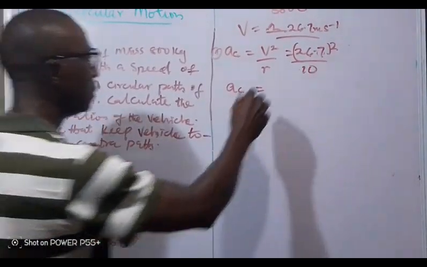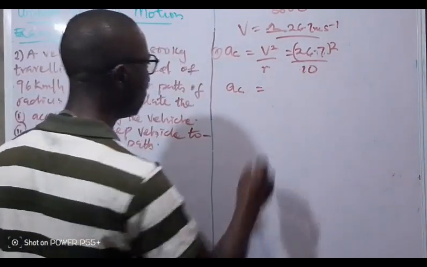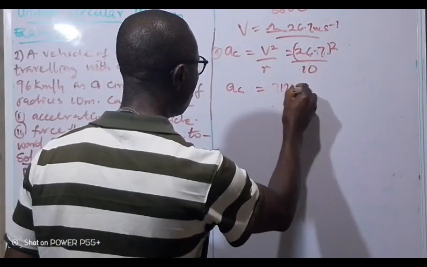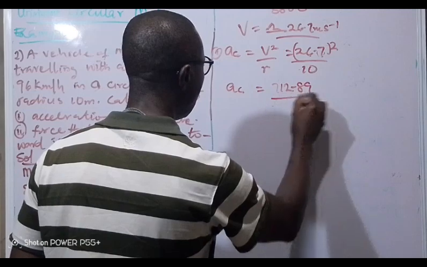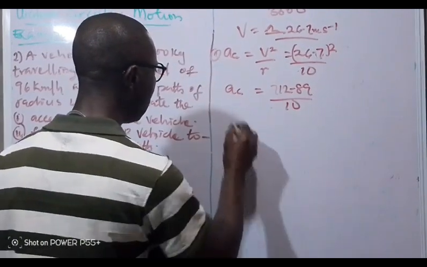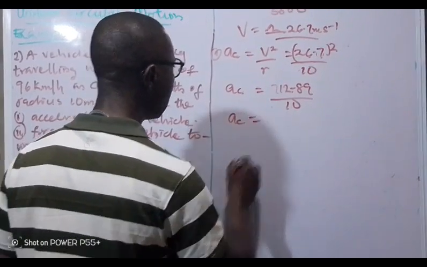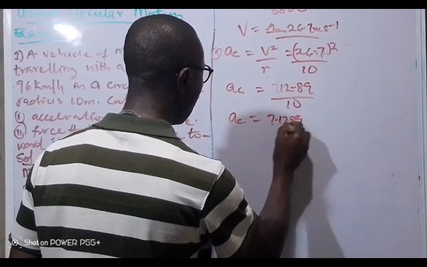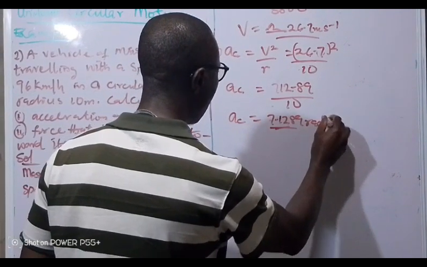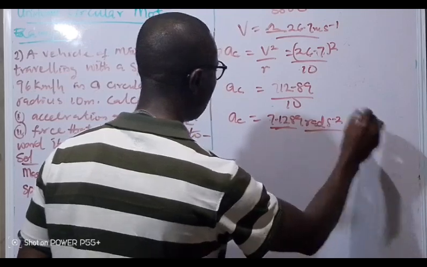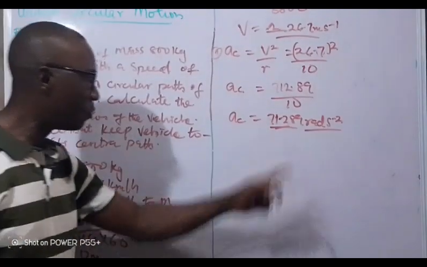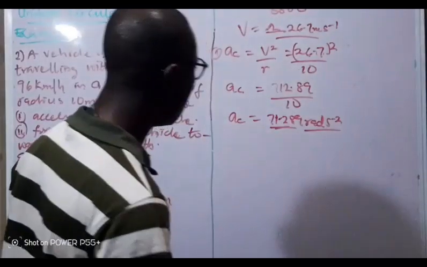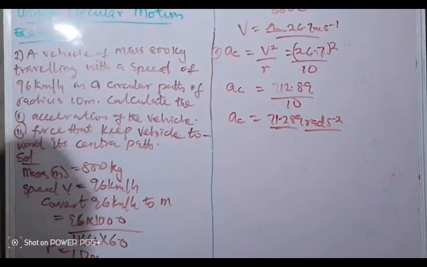Now 26.7 squared is 712.89, then divided by 10. So our centripetal acceleration will be 7.1289 rad per second square, that is 71.289 rad per second square.